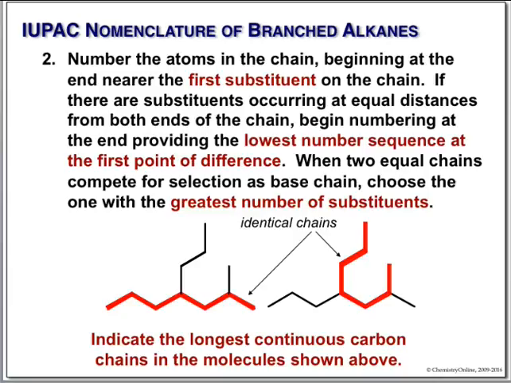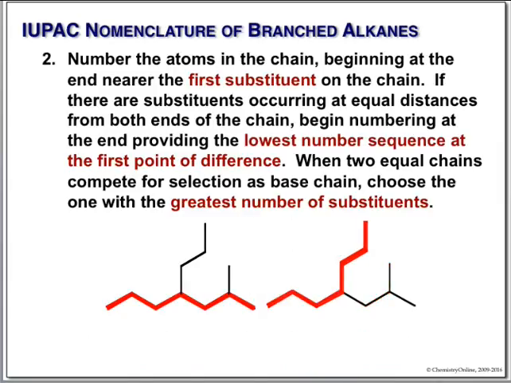There is one tiebreaker here, however. If we have 2 chains that are both the same length, IUPAC tells us that we want to choose the chain with the greatest number of substituents. So if we look at this guy, here we have 2 side chains going up, right?